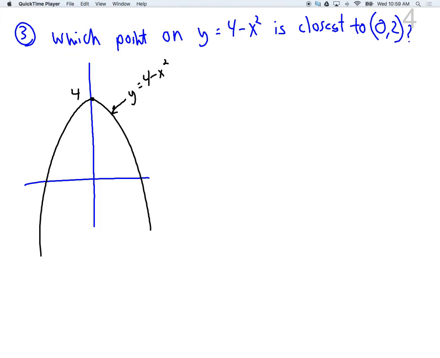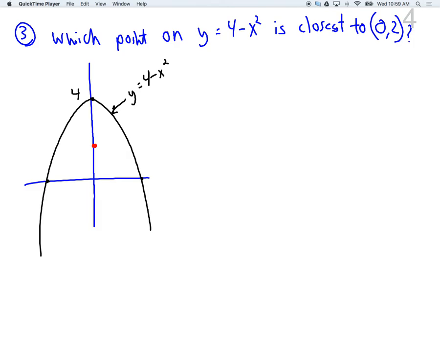We might need to find these 2 points down at the bottom, but we'll see if we can get by without it. And then we've got a point 0, 2, which is right here. Is this a max or a min problem? Min, because we're doing closest.